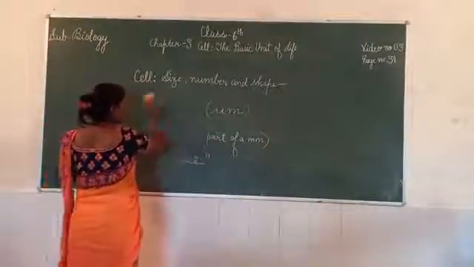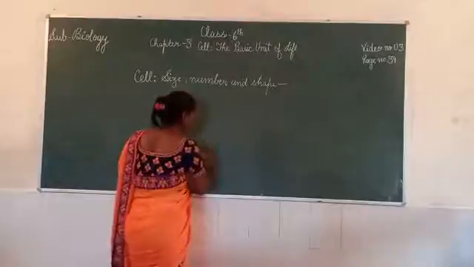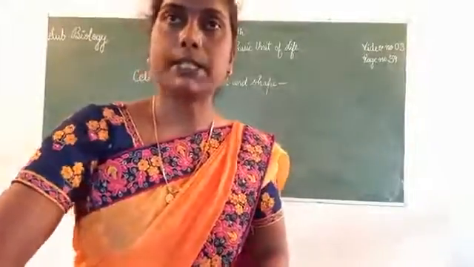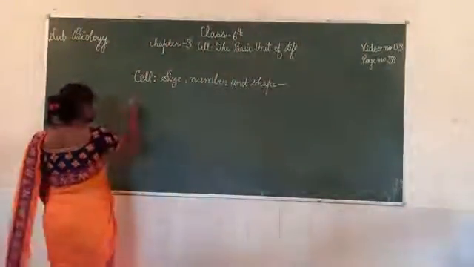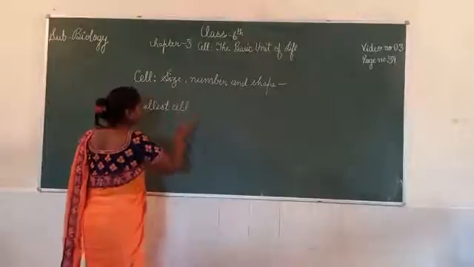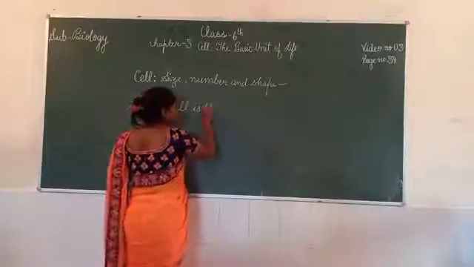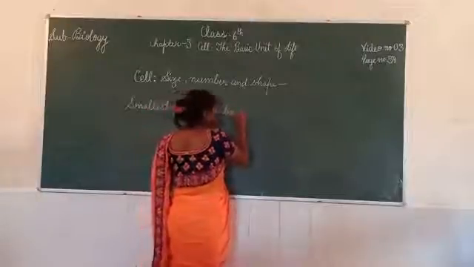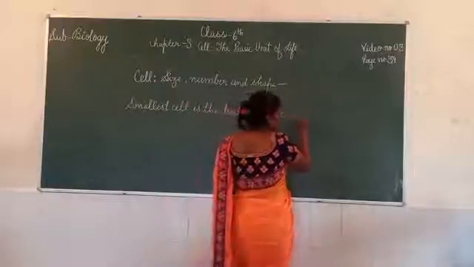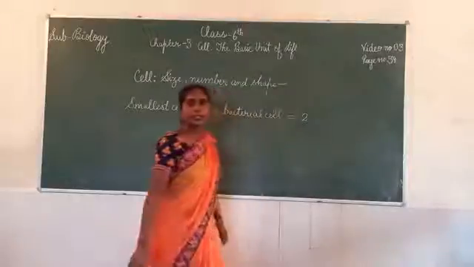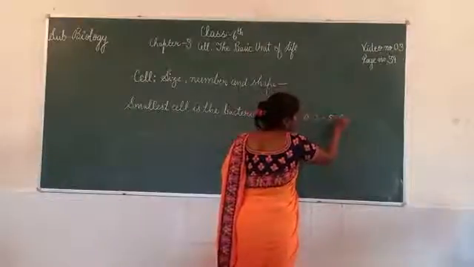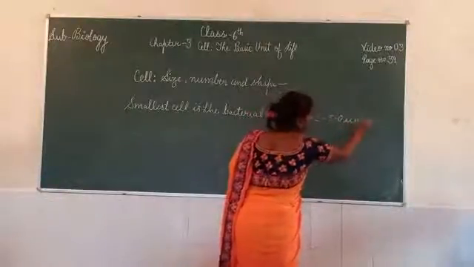So let's talk about the size of the cell. Children, the smallest cell is the bacterial cell, which is about 0.2 to 5.0 micrometers.